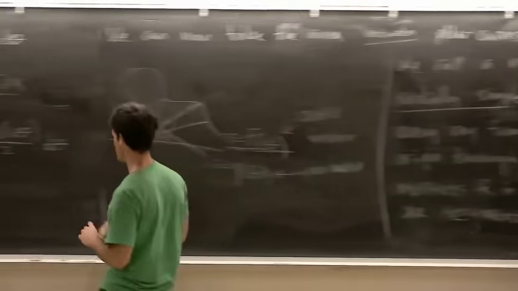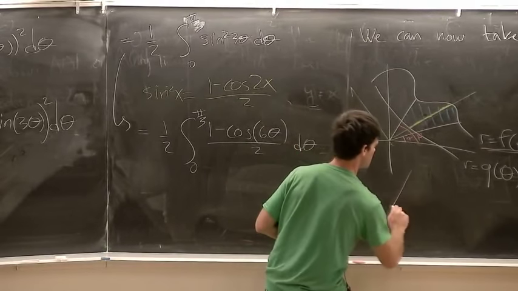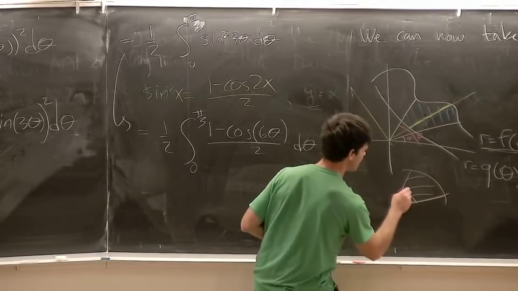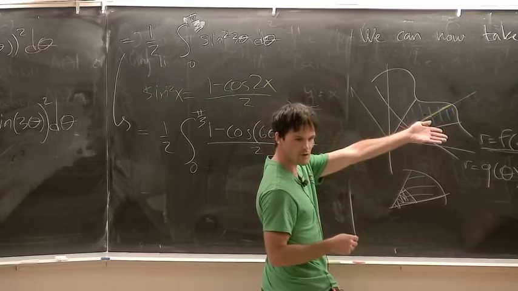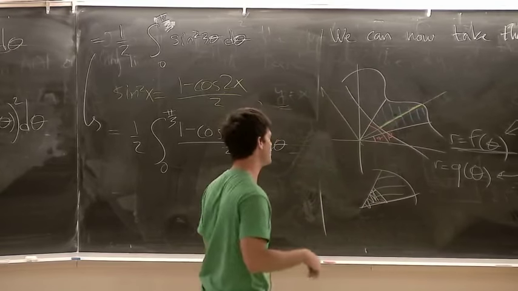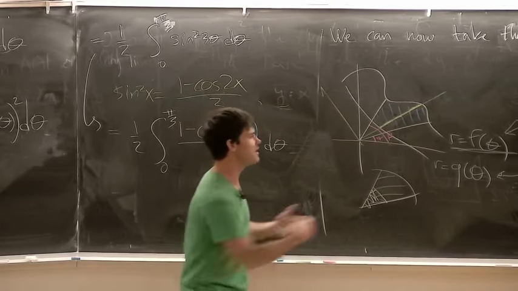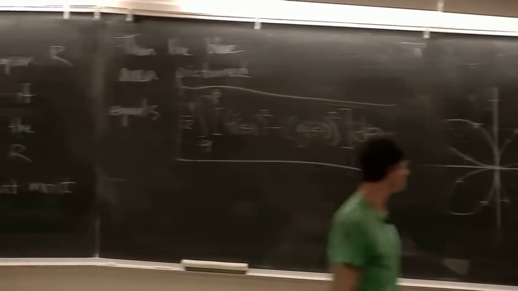It's like I'm taking the outer area and then subtracting off this inner one, and what that leaves is the blue one. You can visualize it geometrically. So this is your formula in case you need to take the area between two polar curves.